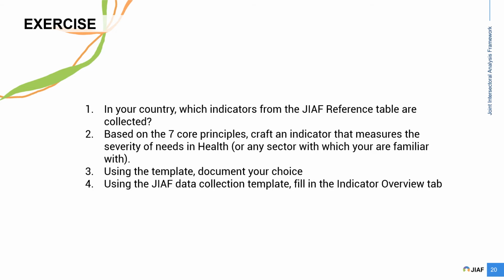Thirdly, document your choice of indicator that you've just crafted using the template. Finally, using the data collection template itself, fill the Indicator Overview tab. Please do take 5 or 10 minutes to complete this exercise. And if you're finding it difficult, perhaps rewind a few slides and go over them again.